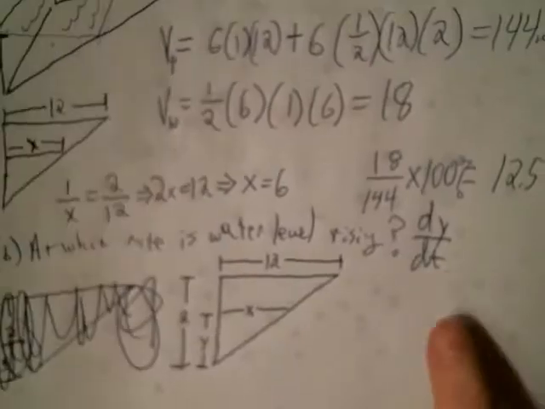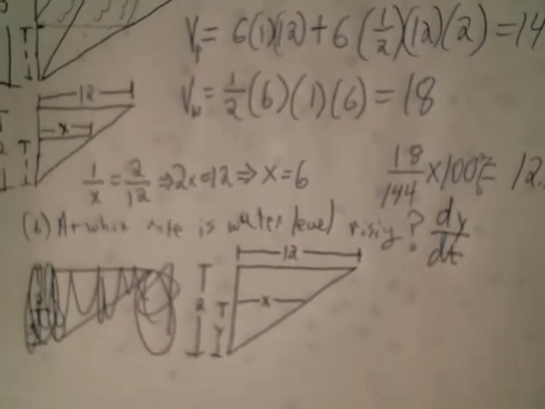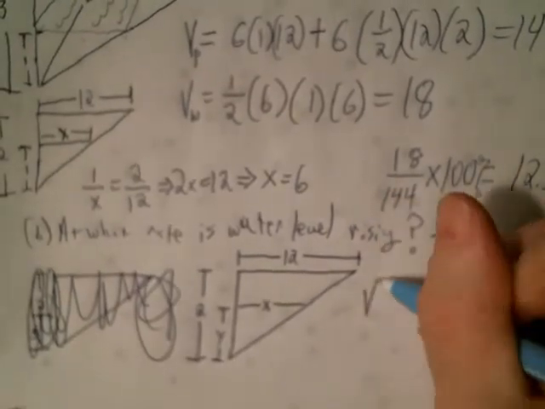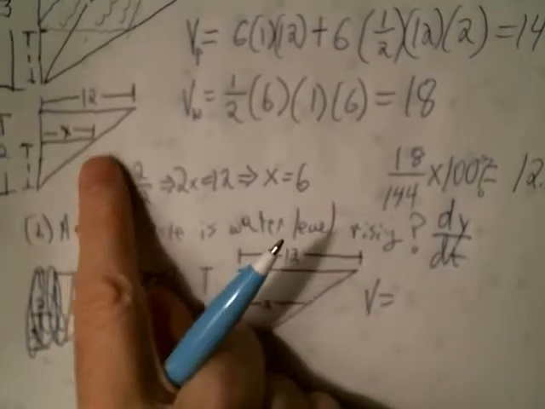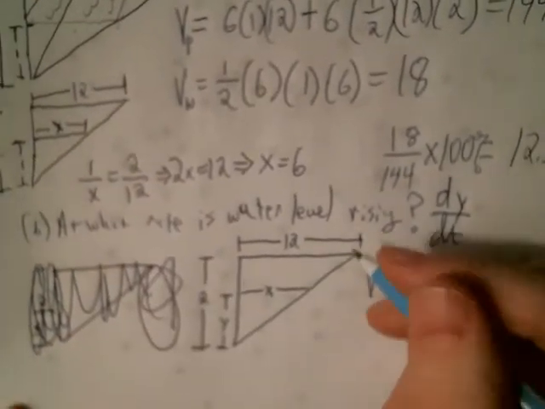So I need to relate volume to this rate of change of y. So volume as it sits, and we can leech off of our work over here, so we're going to need some similar triangles and stuff.